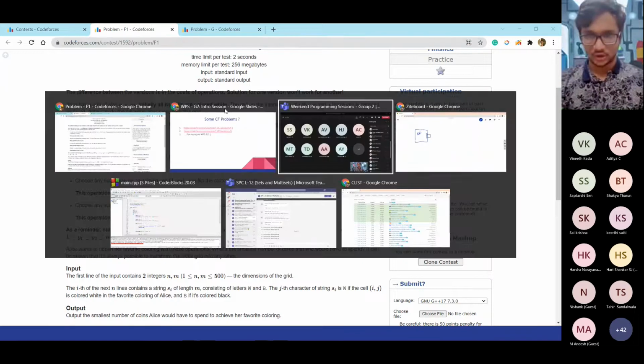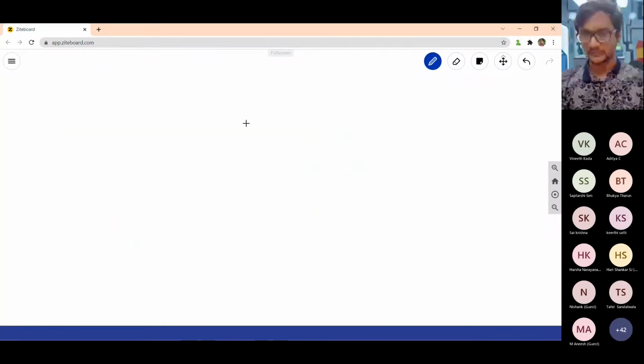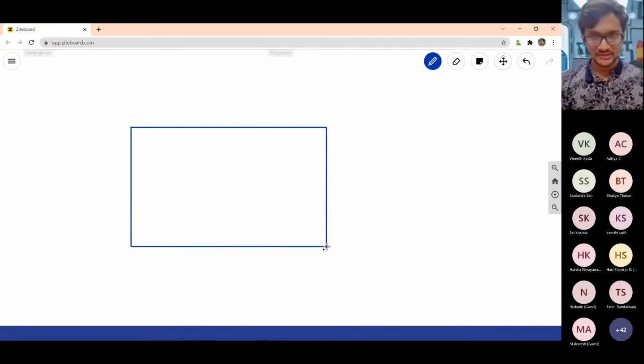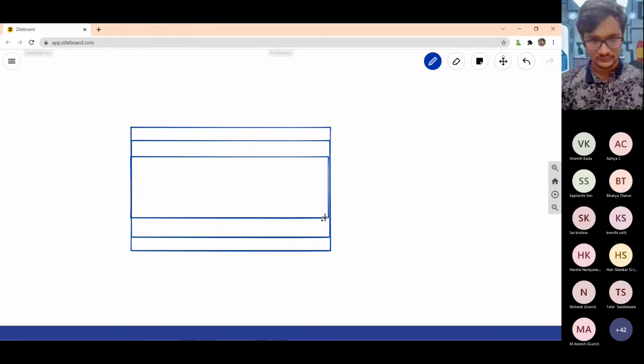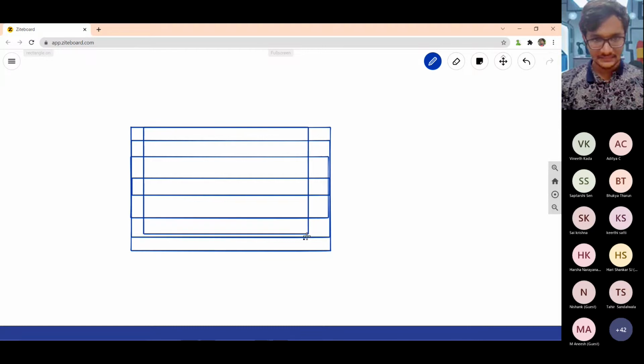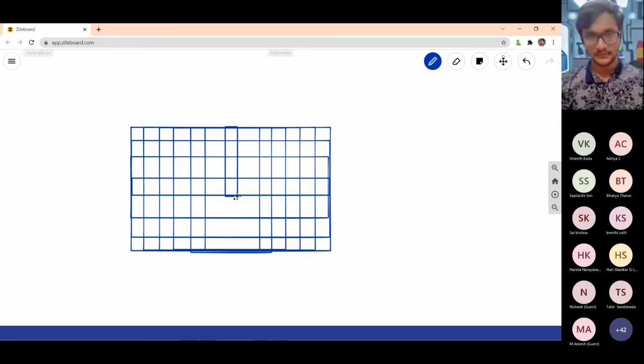So maybe I will just draw it up. Suppose this is our rectangle, this is our n cross m grid. So yes, this is our grid.